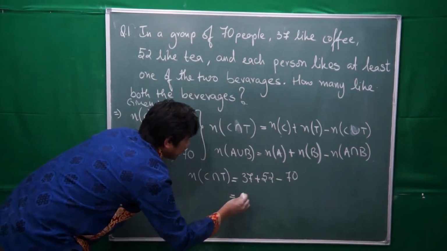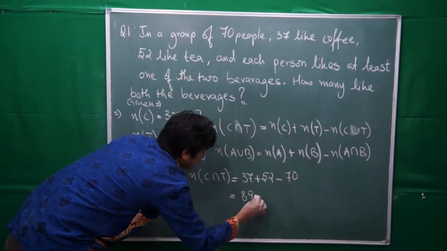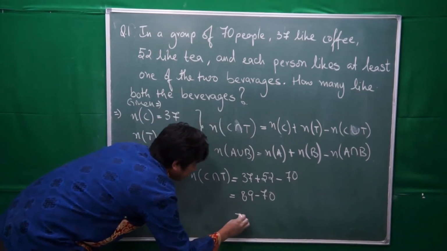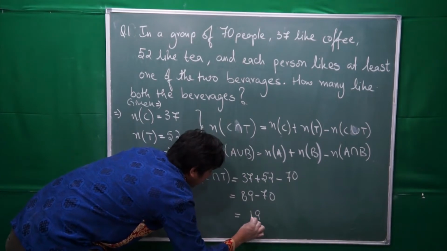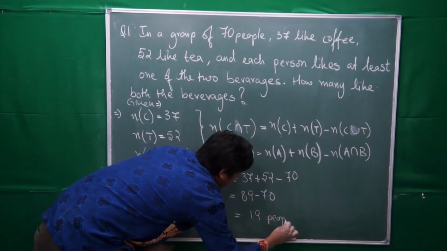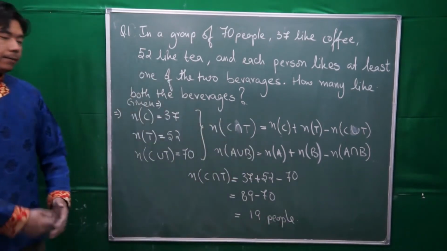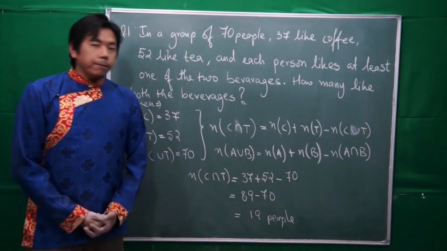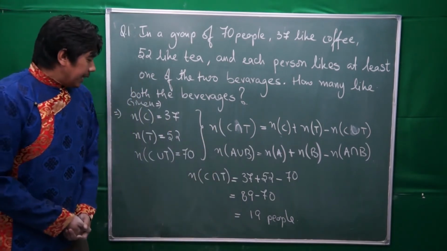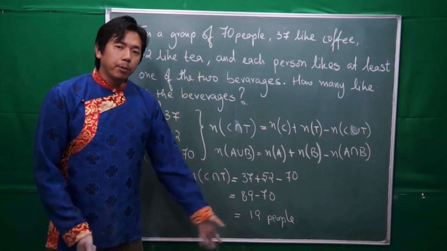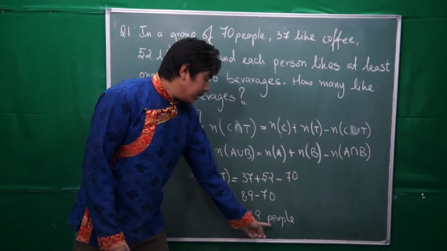So 37 plus 52 is 89, minus 70. This should be 19 people. So from this relation, we can find out the number of people that like both coffee and tea, which is 19 people.